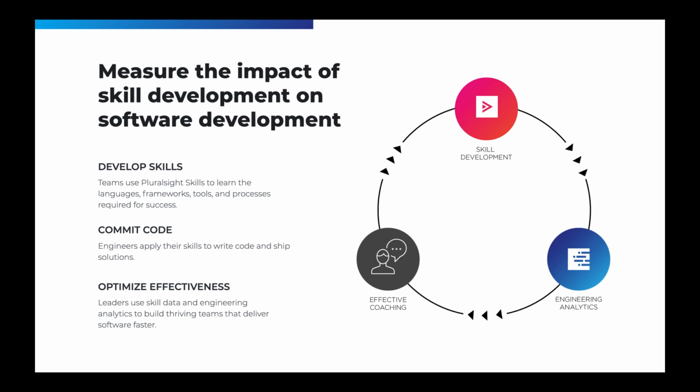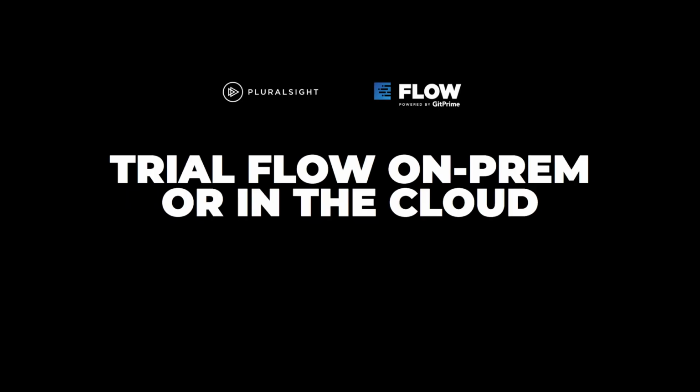We will layer on Skills to provide the necessary tools and learning to improve, and then again use Flow at the end to have that measurable productivity gain to say, yes, it's working, your business investment is being put to good use. That is the life cycle between the products to optimize the effectiveness and enable managers to take charge and have meaningful coaching to ensure successful business outcomes.